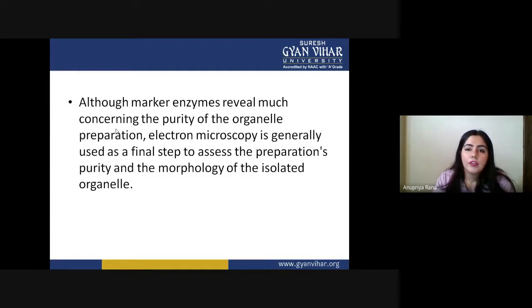Although marker enzymes reveal much concerning the purity of the organelle preparation, electron microscopy is generally used as a final step to assess the purity and morphology of the isolated organelle. After treating them, we can see the final results with the help of electron microscopy and analyze their state and morphology.